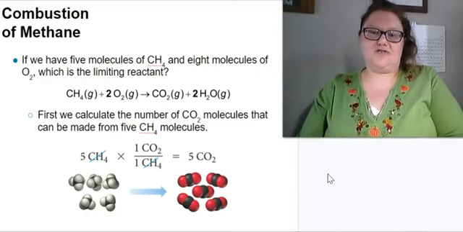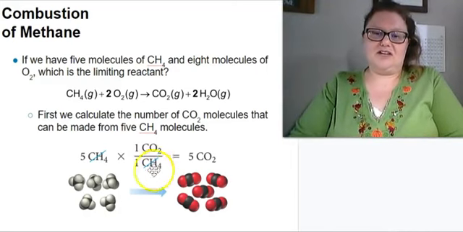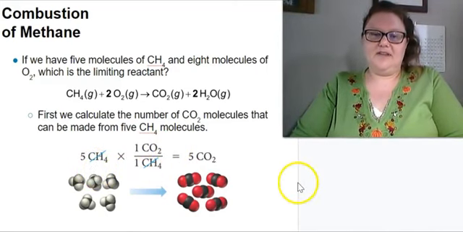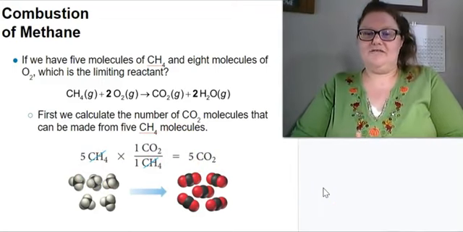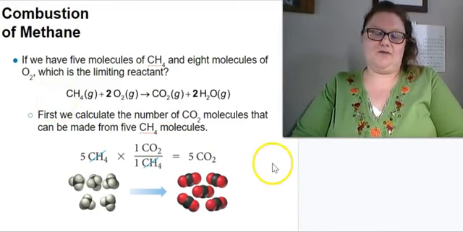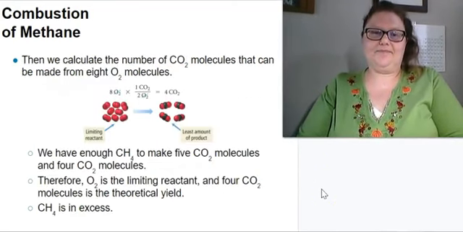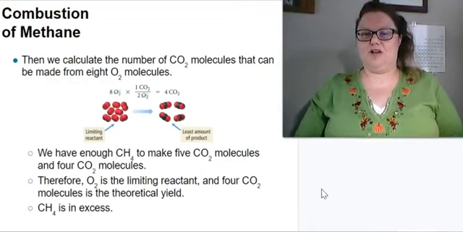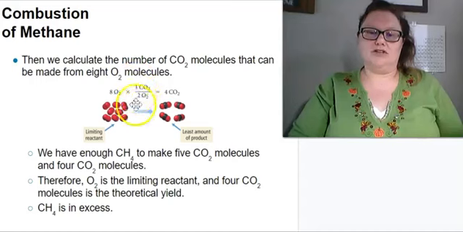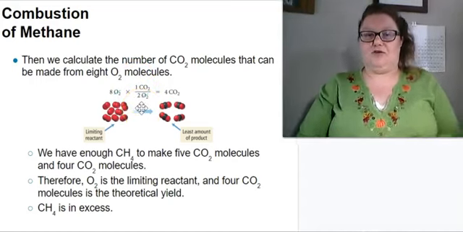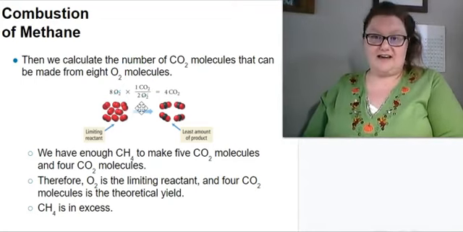So we have to do 2 stoichiometric calculations going from our starting material, the 5 methane, into carbon dioxide. So with 5 methane, I can make 5 carbon dioxide because the ratio is 1:1 in my balanced equation. So then we're going to use the oxygen. We were given 8 oxygen molecules. We're going to go to the mole-to-mole ratio from the balanced equation, which says for every 2 oxygen molecules, I'll make 1 carbon dioxide.